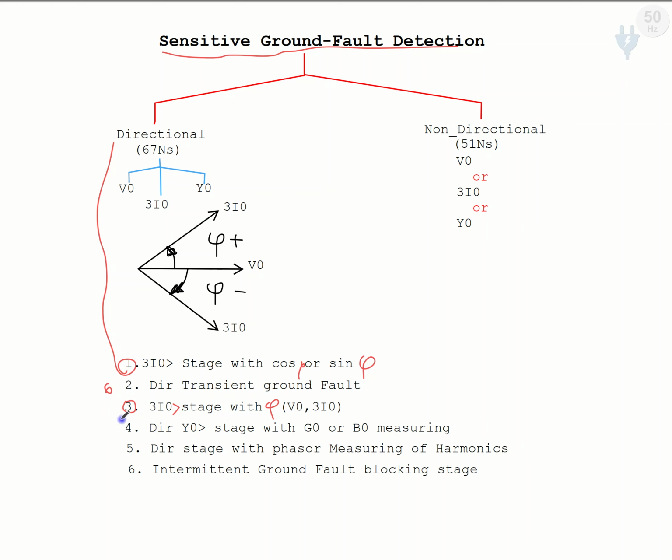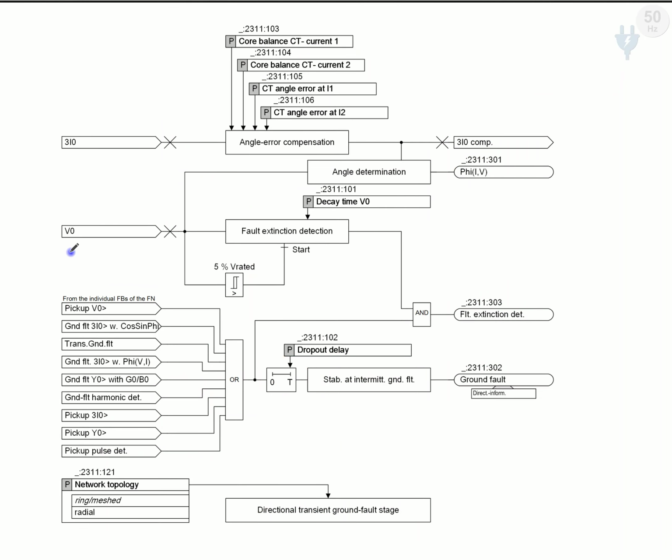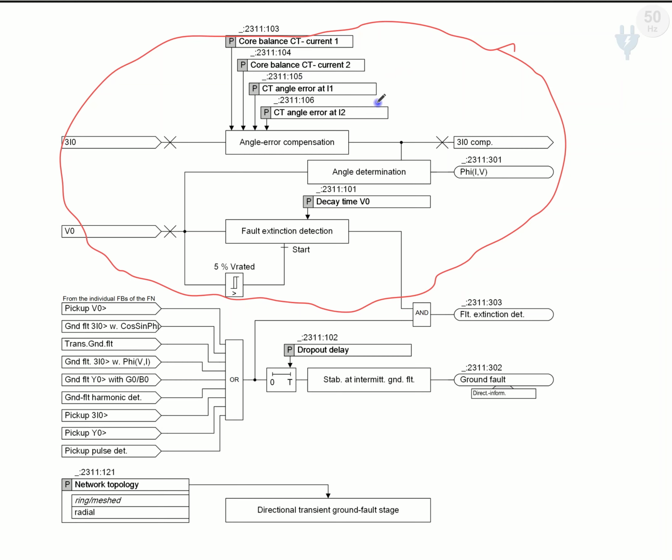So let's start discussing the 3I0 greater stage with angle between V0 and 3I0. We already had around 2 sessions and 1 introduction part, a total of 3 sessions about this functionality for the sensitive ground fault detection methods.